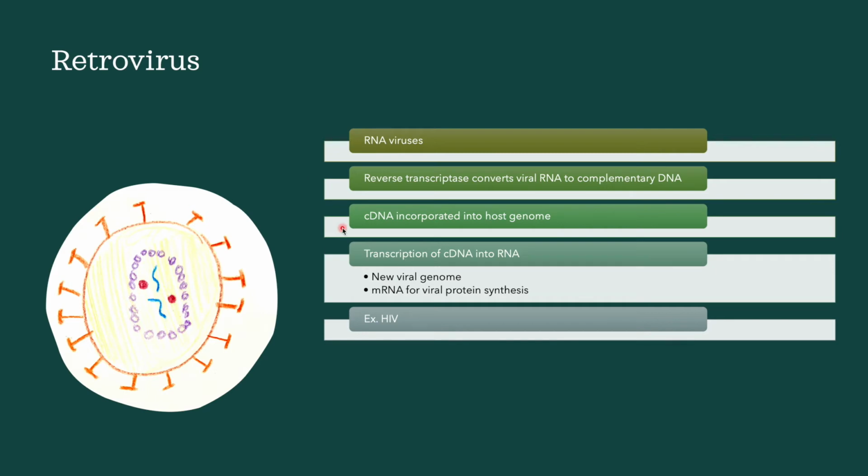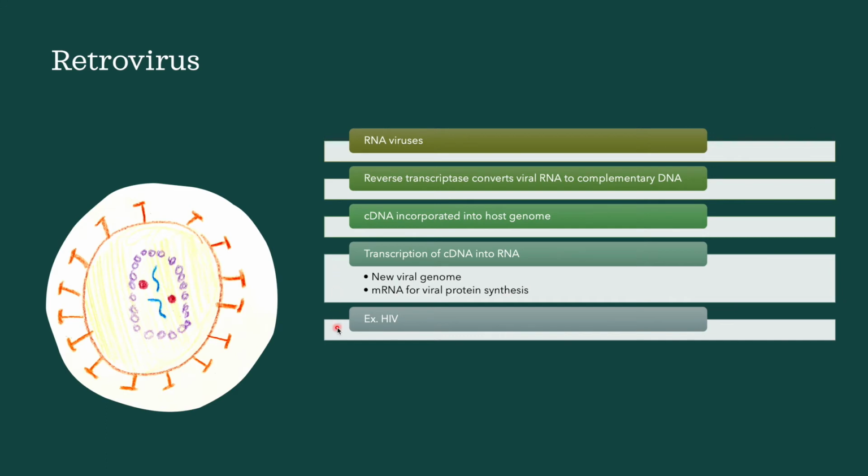The cDNA is incorporated into the host DNA, and then it is transcribed by the host cell, forming RNA. This RNA serves as the new viral genome, but also mRNA that can be translated into viral proteins. So RNA is converted to DNA, then to RNA, then to protein in the retrovirus life cycle.